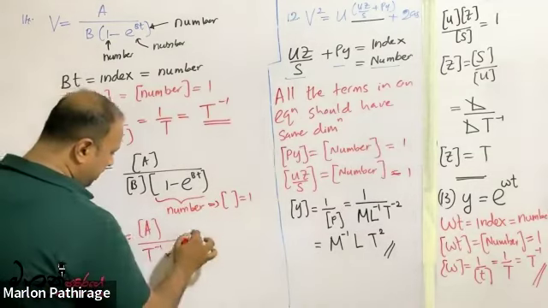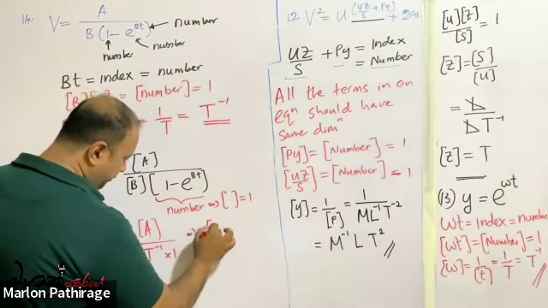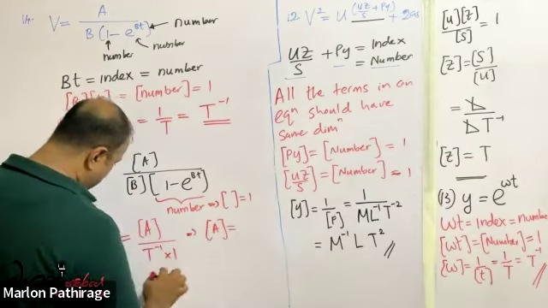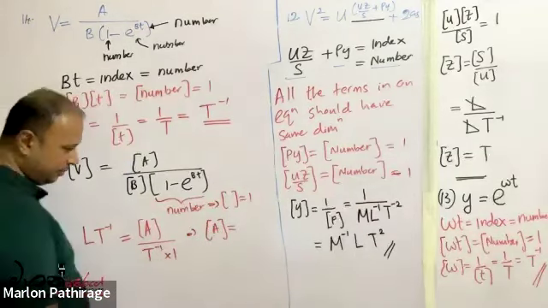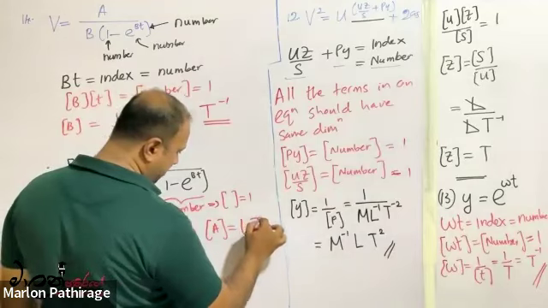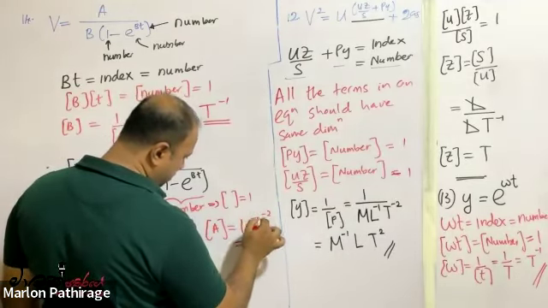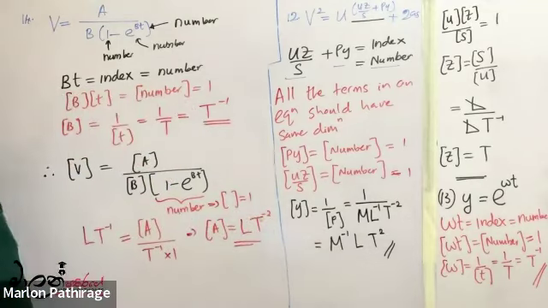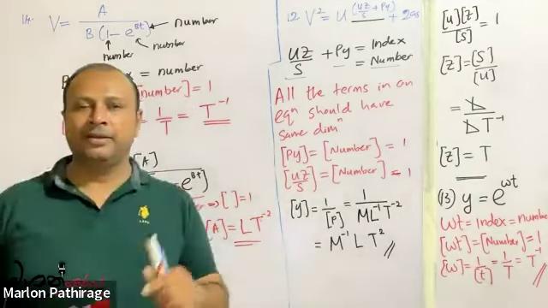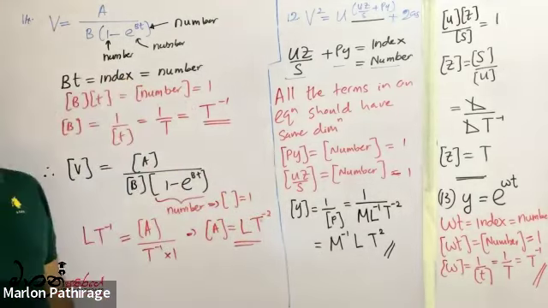Therefore, dimension of a is equal to LT minus 2. Yes, sir. No doubt.